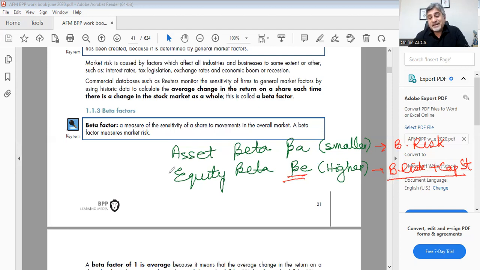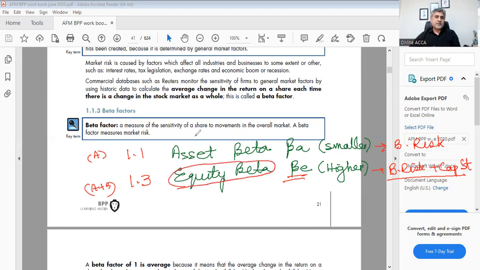Let's suppose for a particular business, equity beta comes out to be 1.3. Then your asset beta probably is 1.1, or even less. But it has to be less than 1.3 because it includes only one component, A, whereas equity beta includes two components, A plus B: the business risk and the capital structure risk. So both risks are accumulated within the equity beta.